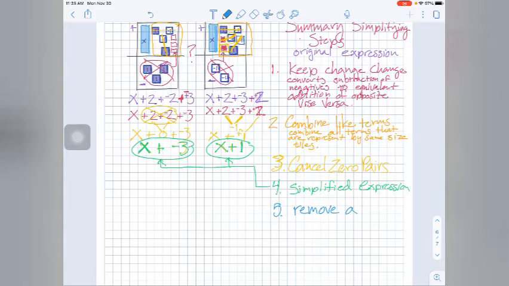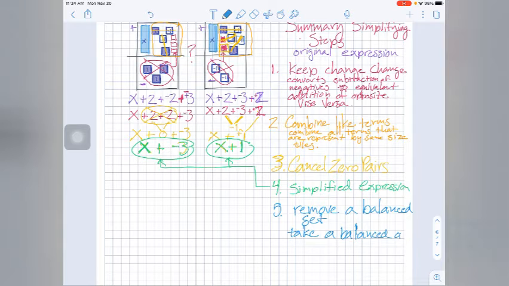Removing a balanced set is when you take a balanced amount, that's an abbreviation for amount, AMT.